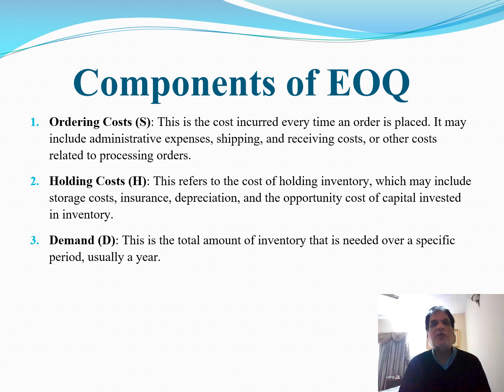The second one is the holding cost, which is H. This refers to the cost of holding inventory, which may include storage cost, insurance, depreciation, and the opportunity cost of the capital invested in the inventory. And the third one is the demand, which is D. This is the total amount of inventory that is needed over a specific period of time, usually a year.